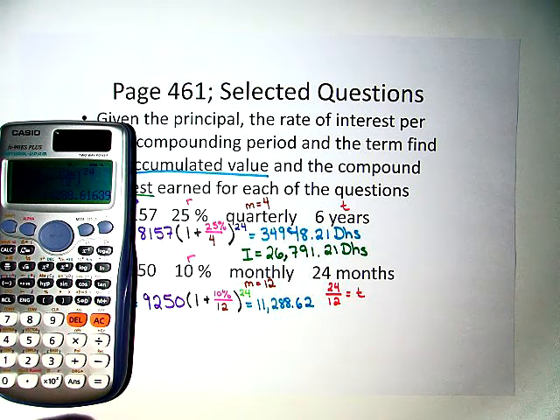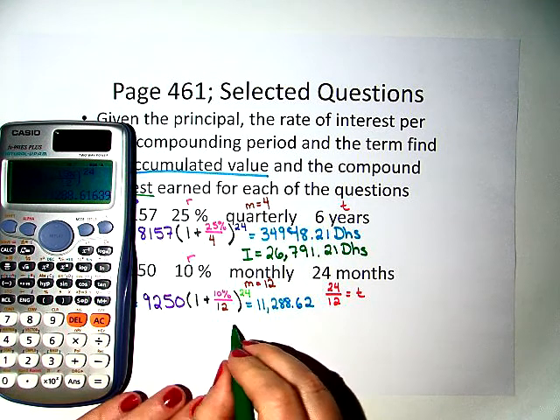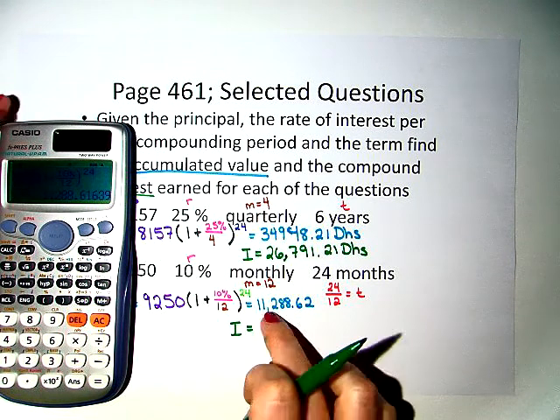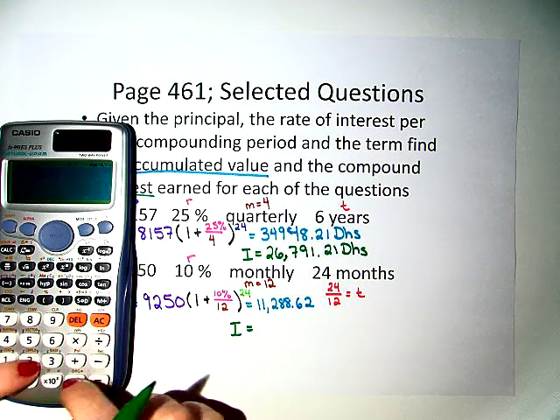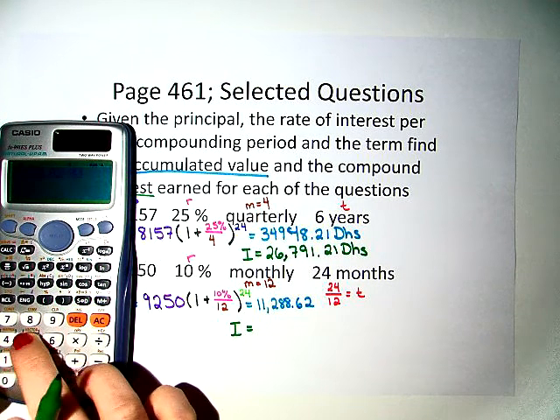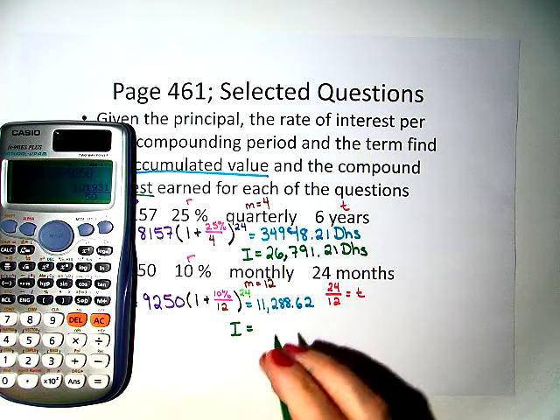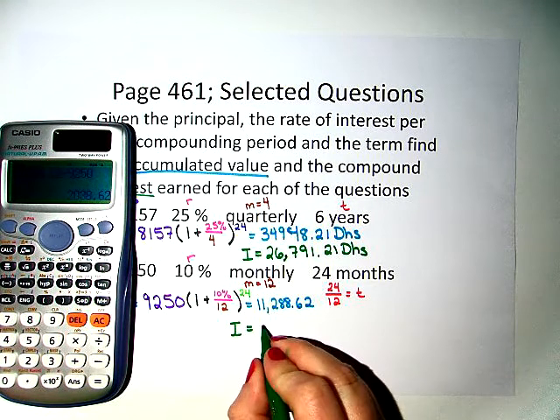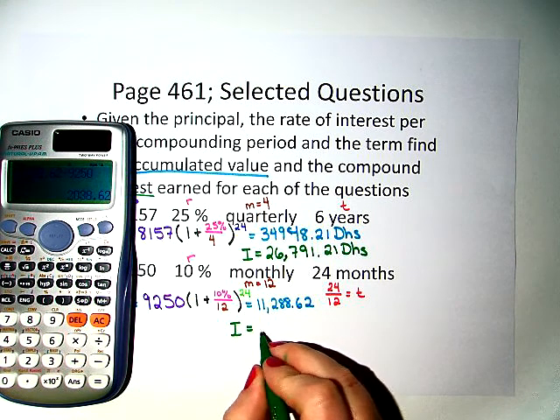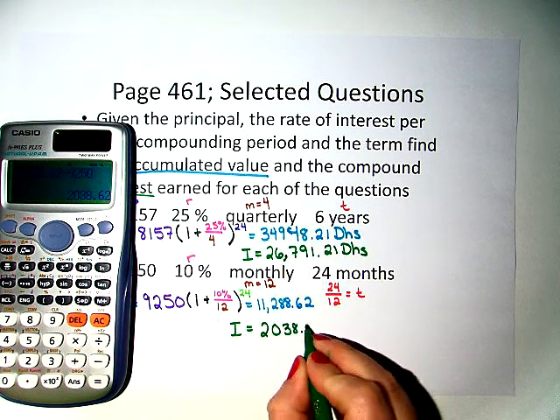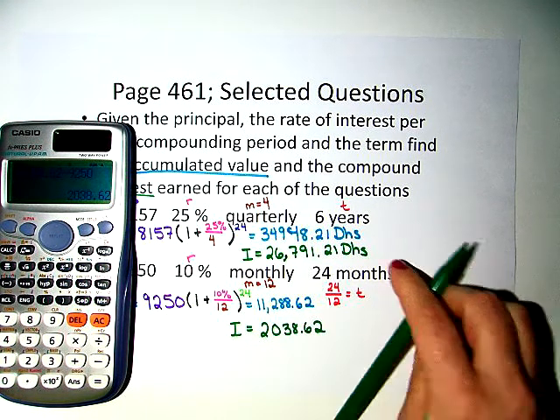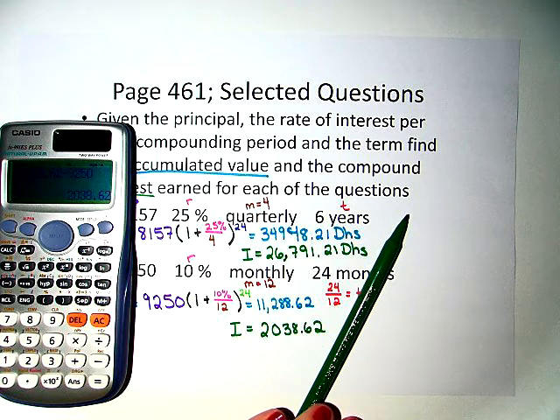So to find our interest, we need to subtract this from this. So 11,288.62 minus 9250 gives me an interest amount of $2,038.62. So these are the two answers from page 461.